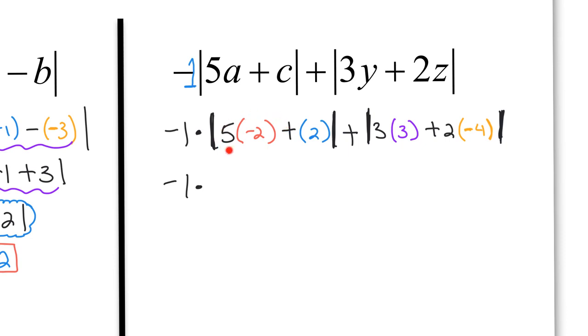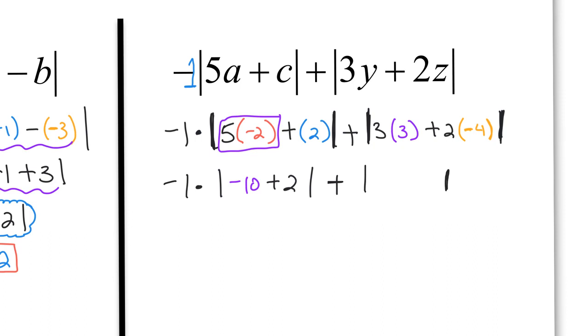Order operation, I have to multiply before I add. So I'm going to have absolute value, and 5 times negative 2, that's negative 10, plus 2. The 2 is by itself, so I just bring it down. I don't need the parentheses anymore. Plus, and I have my other absolute value right here.